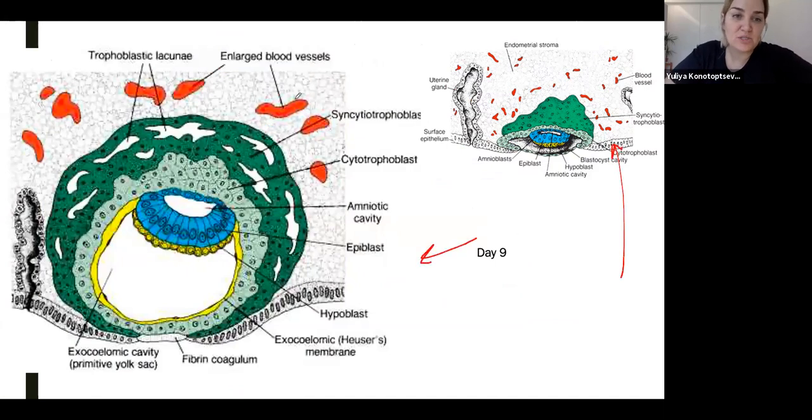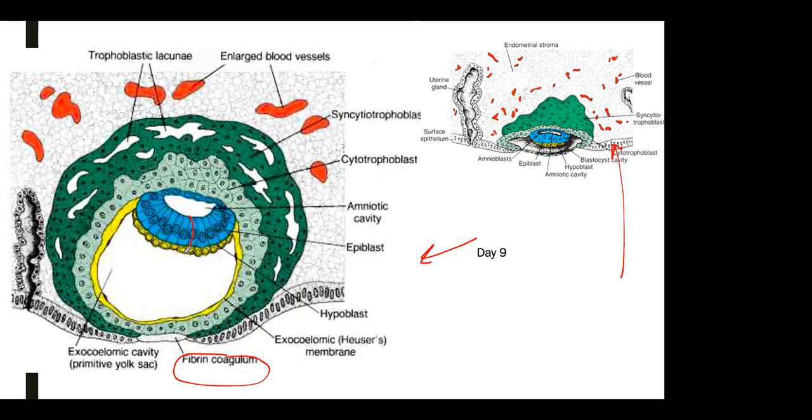Is your blastocyst implanted? Yes, thanks to this structure, the fibrin coagulum. You can see that the fibrin coagulum is like a door that shuts the entrance point of the blastocyst, so it makes it fully implanted in this area. How do we call this? Bilaminar germ disk.